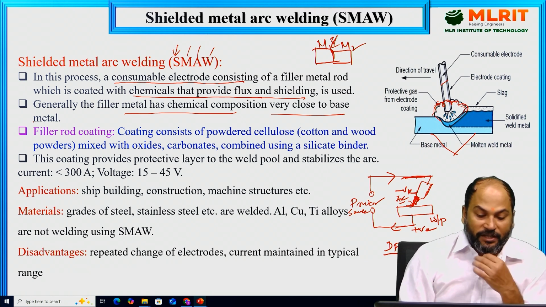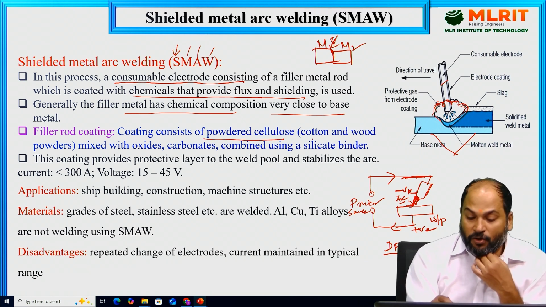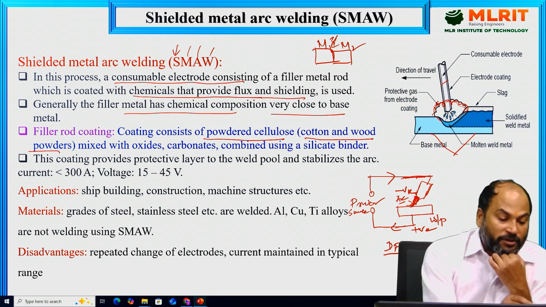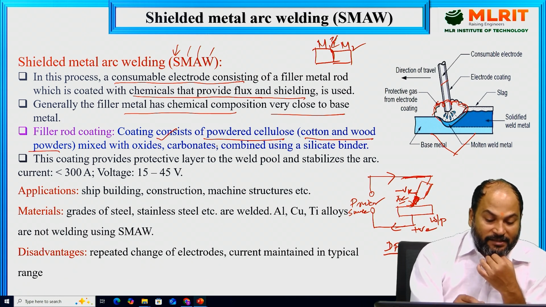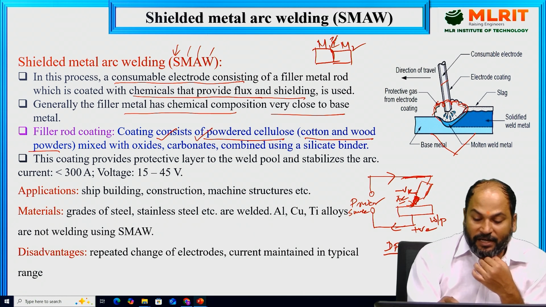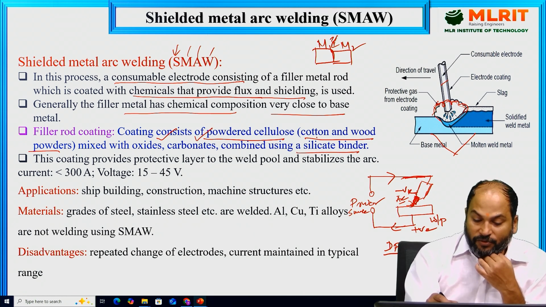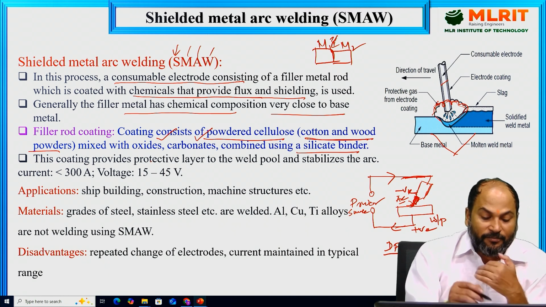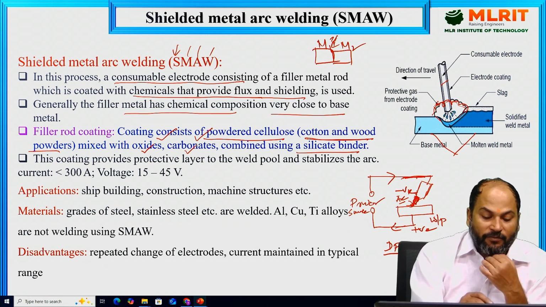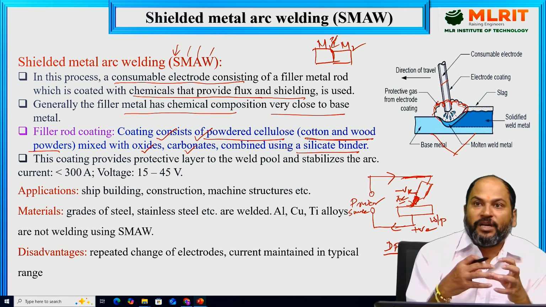Filler rod coating generally consists of powdered cellulose, cotton and wood powders. That is the main element, mixed with oxides. It may be carbonates, combined using a silicate binder. So the cotton and wood powders are either mixed with the oxides or with the carbonates, and when mixed together we need a binder.